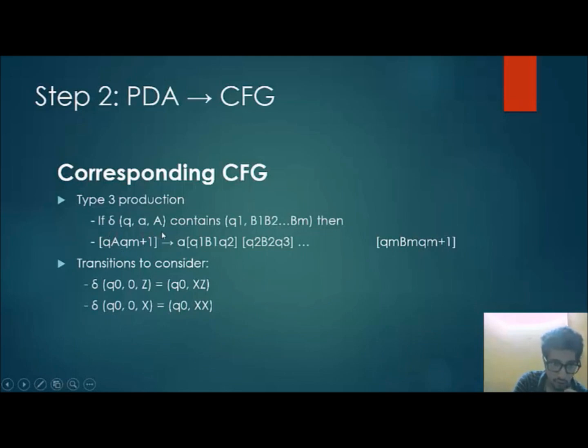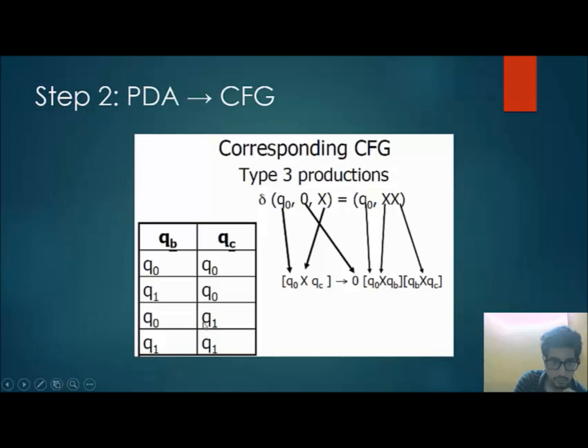If transition of Q, A contains Q1, B1, B2 up to Bn, then [Q, A, Qm plus 1] tends to A of the form shown on the screen. The following are the transitions to consider. Now the corresponding CFG is shown in the figure. Its table is also shown.